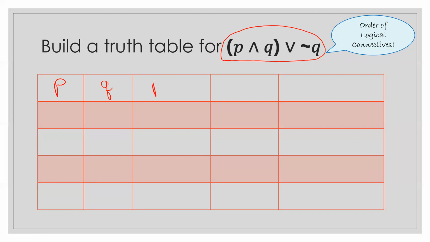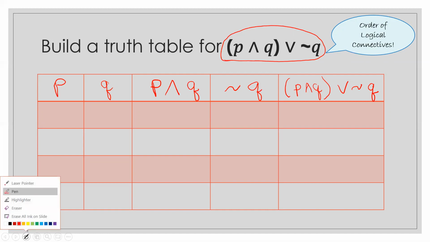So the next thing I'm going to consider is P and Q. And then once I have done that, I'm going to go out and say not Q would be my next, because negation is before or. And then the last thing I would consider is the whole entire statement, P and Q, or not Q. So that would be the order in which I will build my truth table.